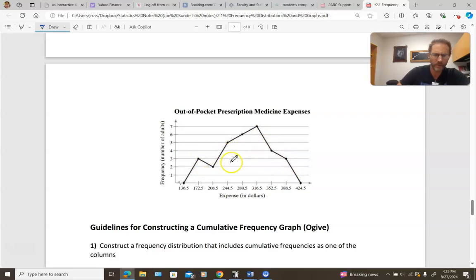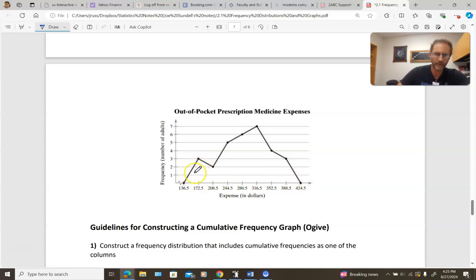What you'll notice is that each of these points is at the midpoint of one of the bars in the histogram. 172.5, another one here at 208.5, and then 244.5. Now you may be wondering, what about this 136.5 and this one over here?